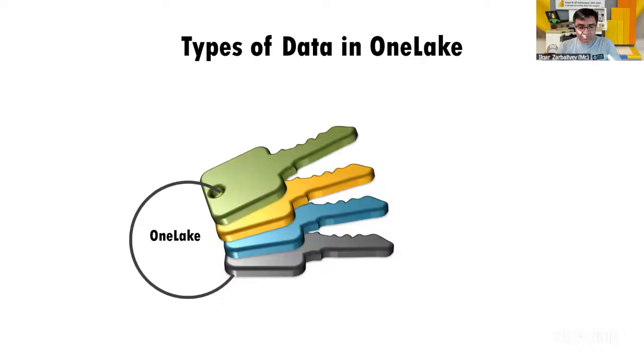Now, let's explore the different types of data that can be stored and managed within OneLake. OneLake is built around open data formats, ensuring that your data remains accessible and isn't locked into proprietary technologies.